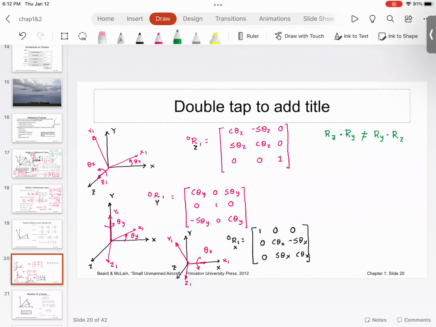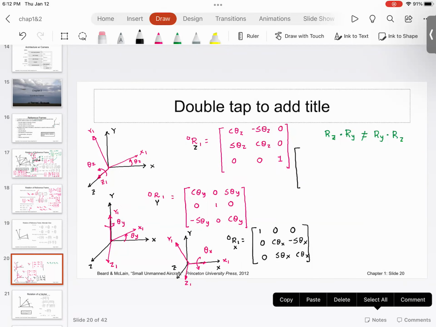What does that mean? Let me work out this math real quick, because unfortunately this point is not discussed in any robotics textbook or any flight mechanics textbook. So please understand, what do we mean by small rotations? I'm going to write RZ here, which is cosine theta z, minus sine theta z, 0; sine theta z, cosine theta z, 0; 0, 0, 1.